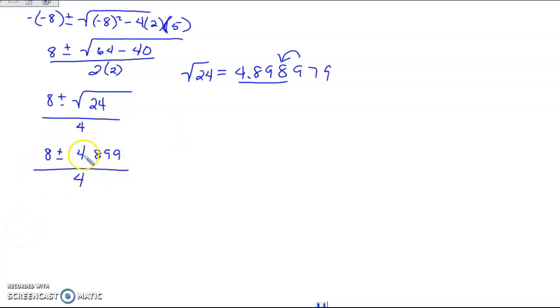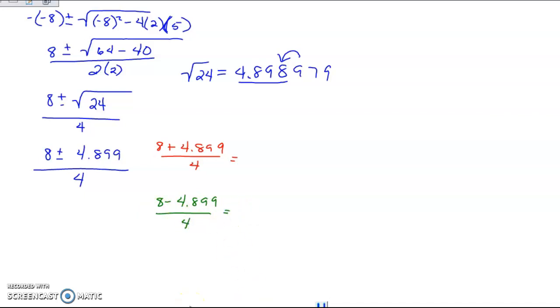And I can take 8 plus 4 point, let's see, let's do one in red. So we can take 8 plus 4.899 and then divide it by 4. Or I can take 8 minus 4.899 and divide that by 4.